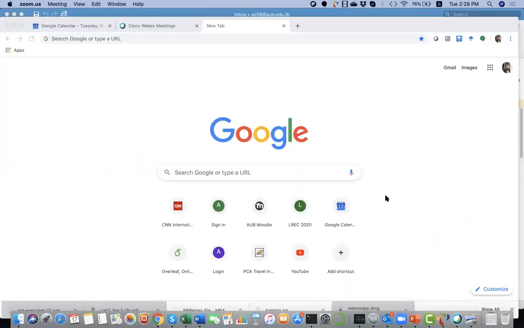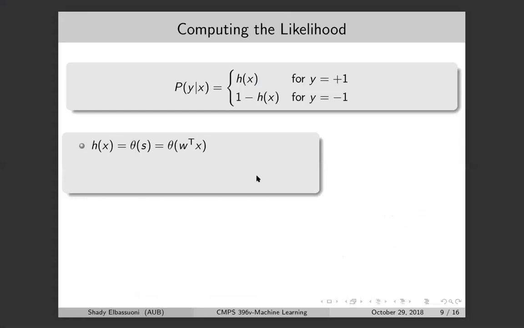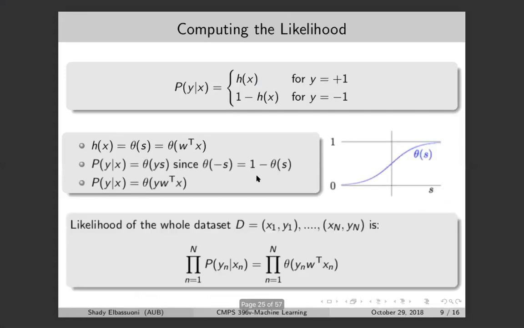No. Okay, so let me start sharing again. Where is it? Here, right? Share screen. Desktop share. Okay. Now? Yes. Okay, guys.